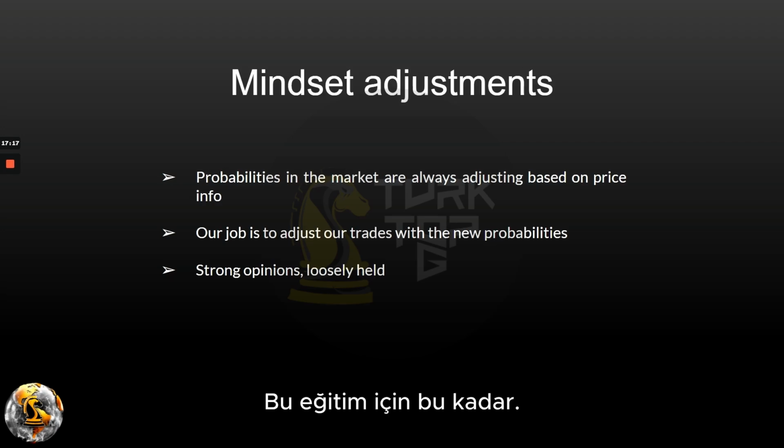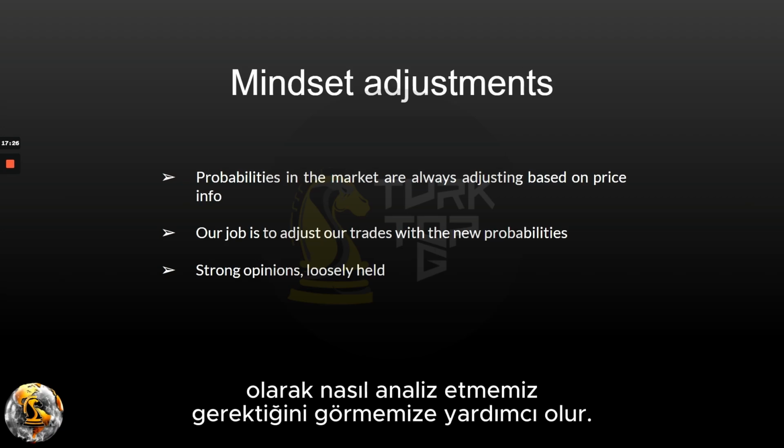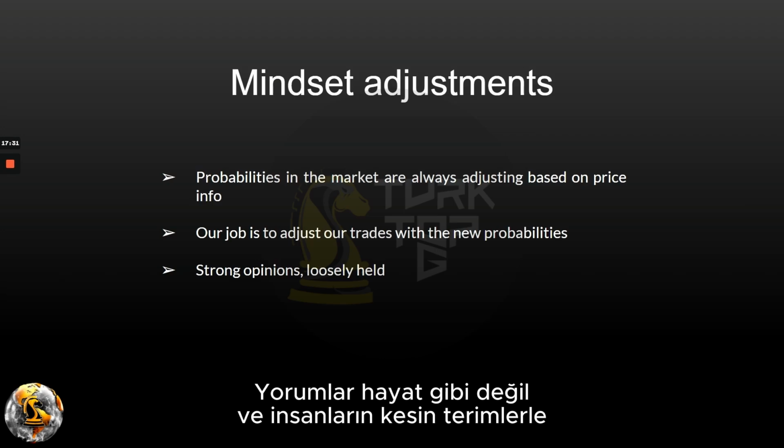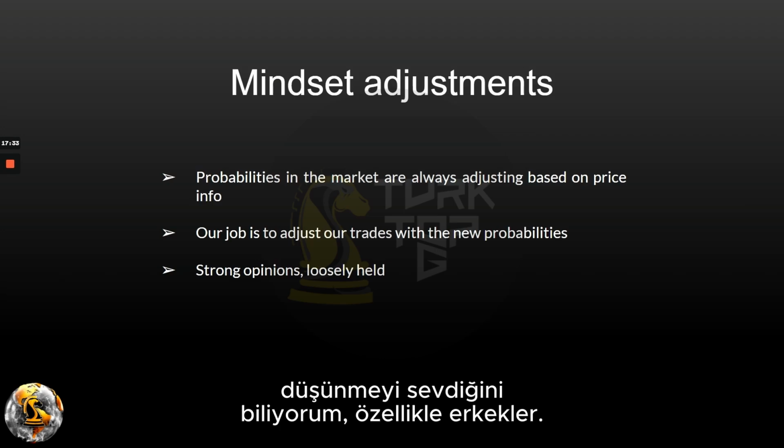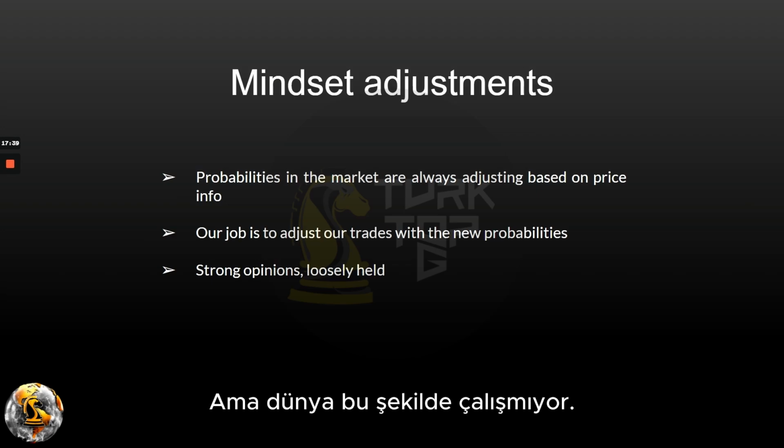That's it for this tutorial. I hope this will be helpful in seeing how we have to constantly analyze our decisions based on changing odds. Markets are not like life, and I know humans love to think in definitive terms, especially men. We like to think this is how things happen. But the world does not work in that way.